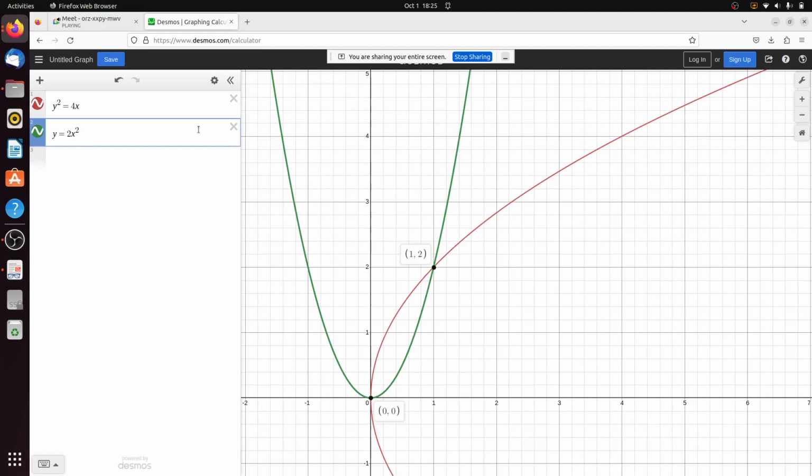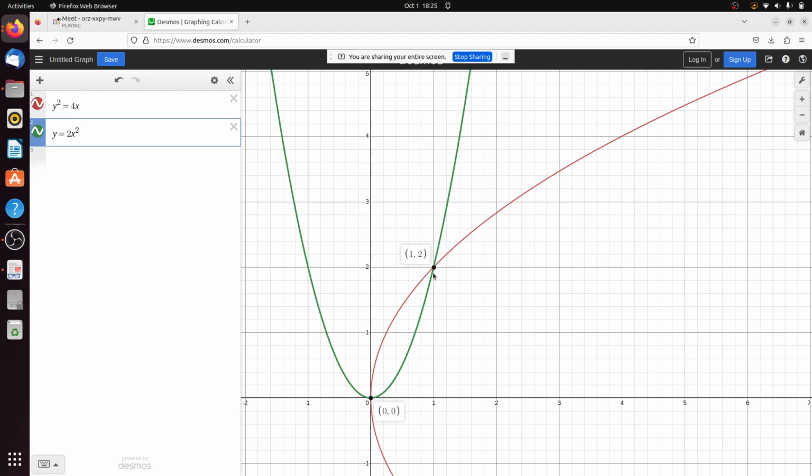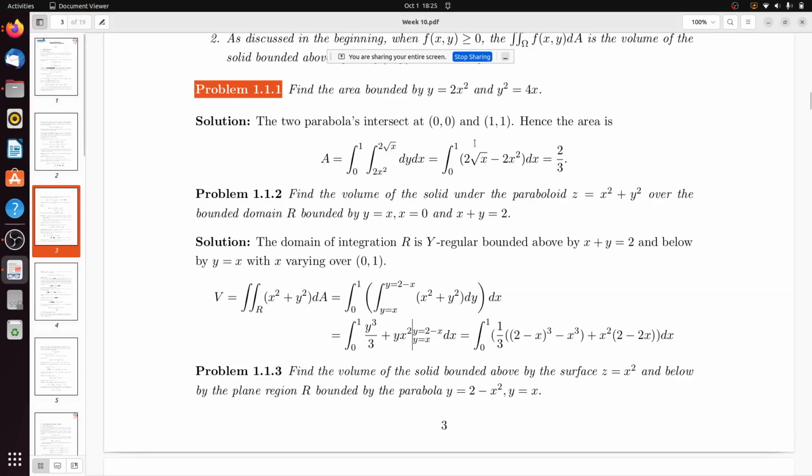The intersection points are not 0 0 and 1 1. The intersection points are 0 0 and 1 2. There is one typo there: it will not be 1 1, it will be 1 and 2.